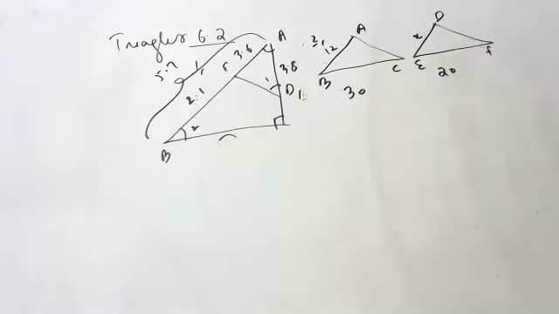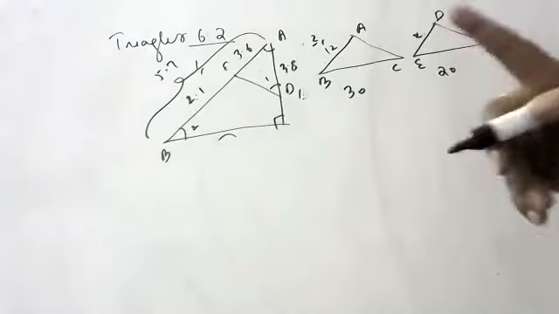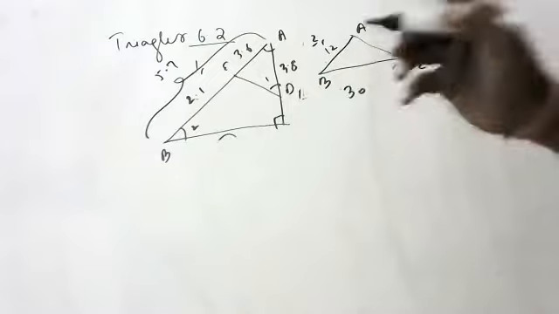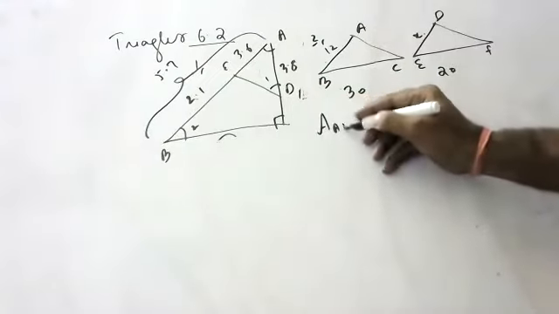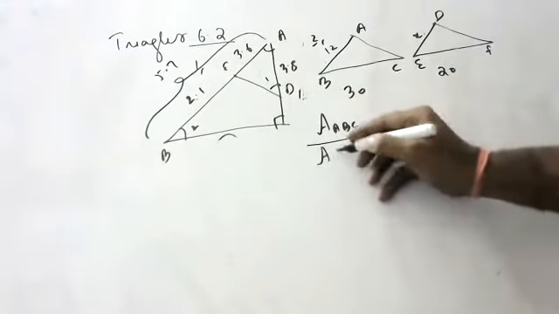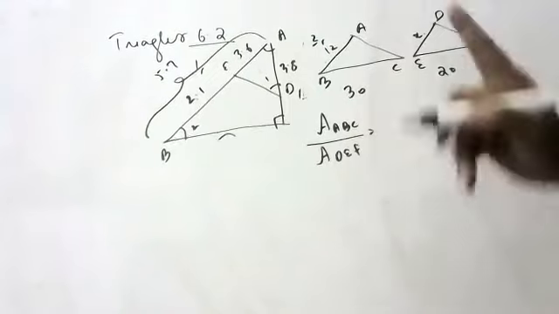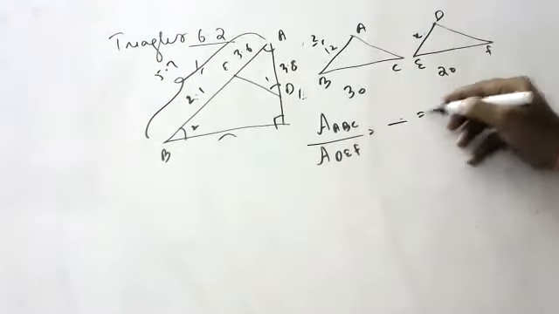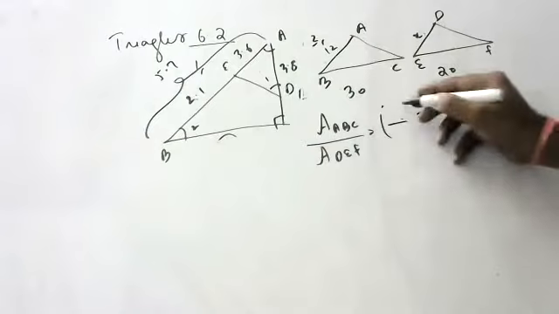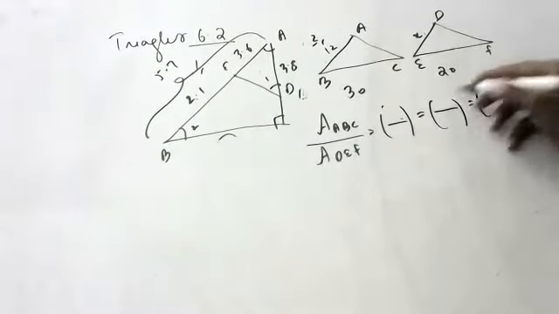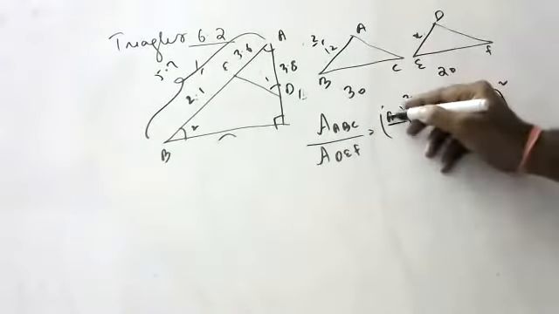Children, actually, this syllabus is divided. In 10th class, we used to have the third exercise: area of ABC by area of DEF, areas are in the ratio of squares of corresponding sides.